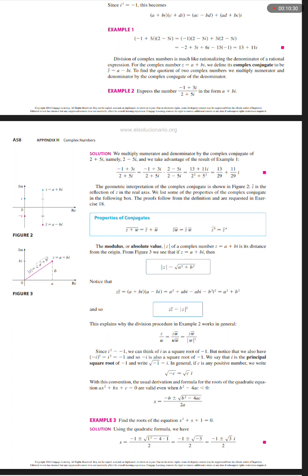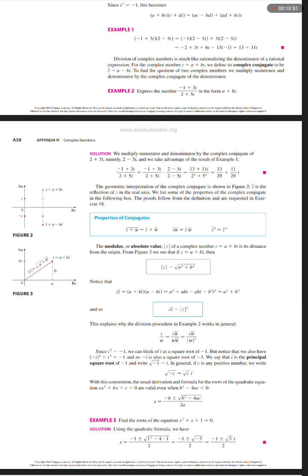z over w equals z w bar over w w bar equals z w bar over the absolute value of w squared.